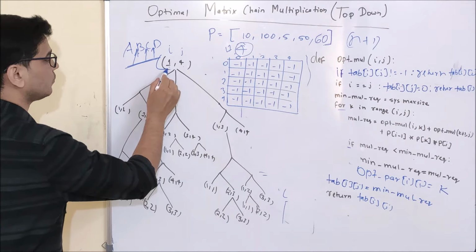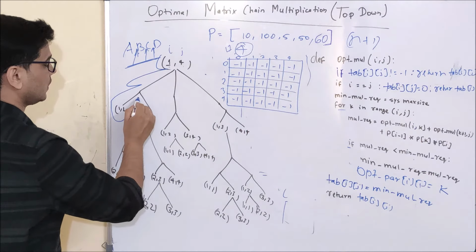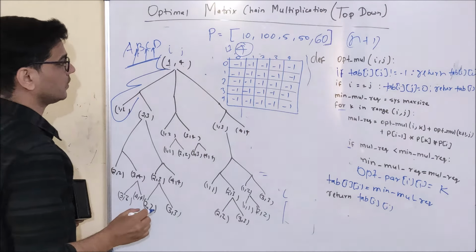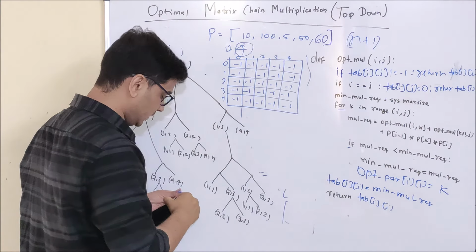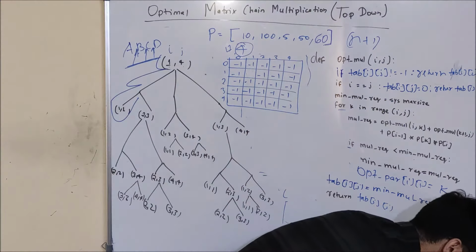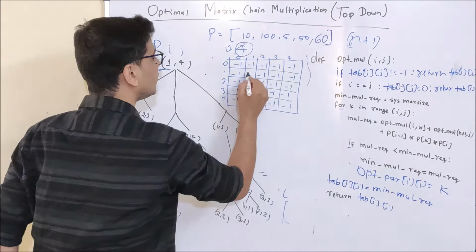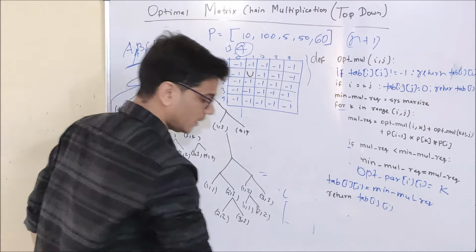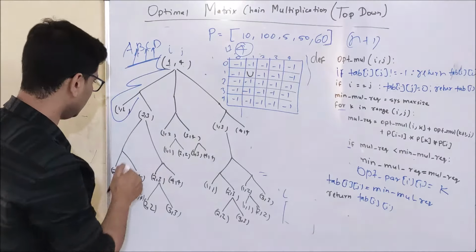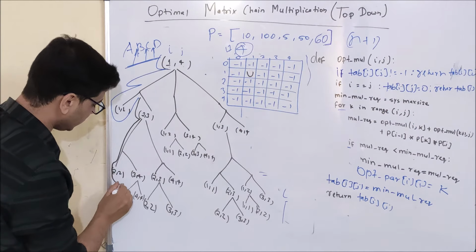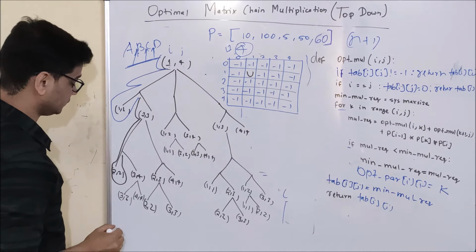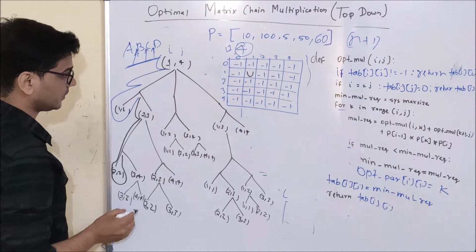So first of all, 1, 4 will be called, and the first value to return will be 1, 1. So what I will do here is, I will denote it with u. That is, I have calculated the value of 1, 1, and after that, 2, 3 will be called, and 2, 3 will give a call to 2, 2, and 2, 2 will return.